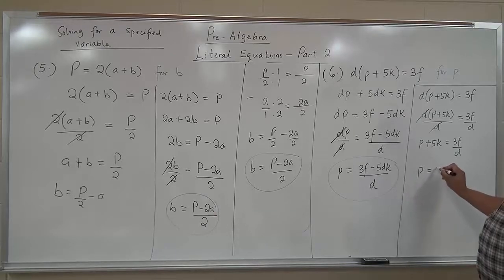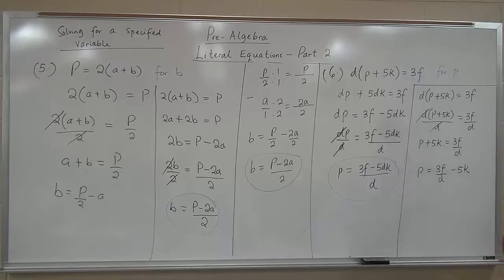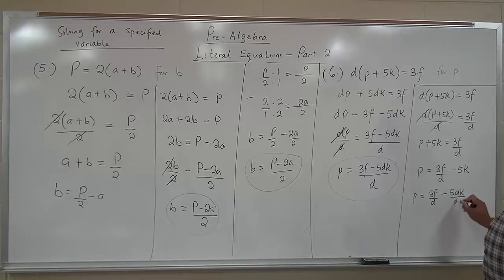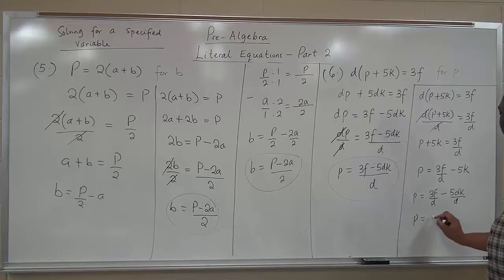So p will be 3f divided by d minus 5k. LCD is going to be d. So p will be 3f divided by d minus 5dk divided by d. I did it by fractions. So p will now be 3f minus 5dk all over d. The same answer.